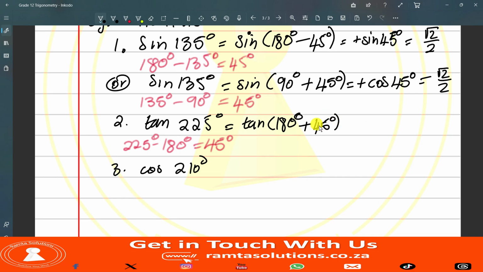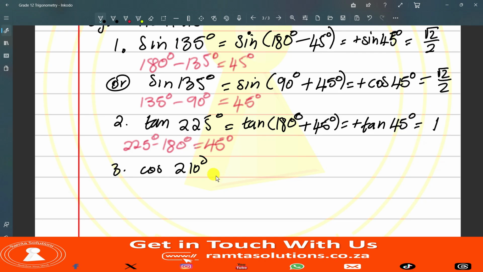I repeat, 180 plus 45 is equal to 225. So tan in the 180 plus quadrant, is it positive or negative? It's positive. And then it's 180, so it doesn't change. Then it's going to be positive tan 45 degrees. Now, what is tan 45 degrees? Previously, we found that it is equal to 1.